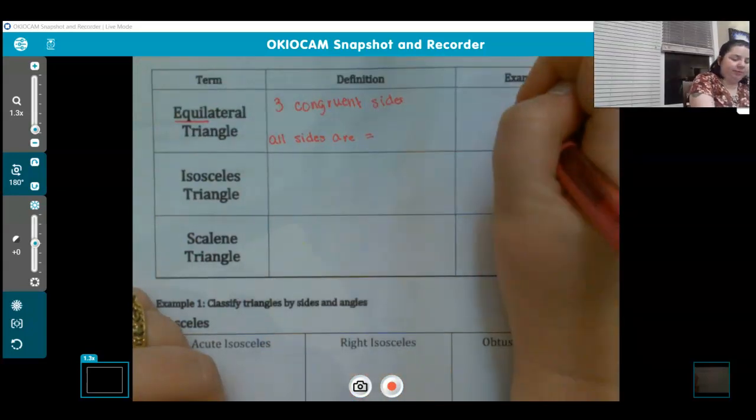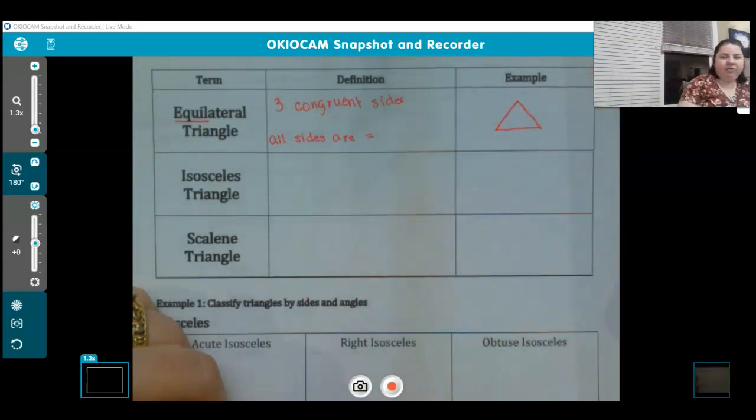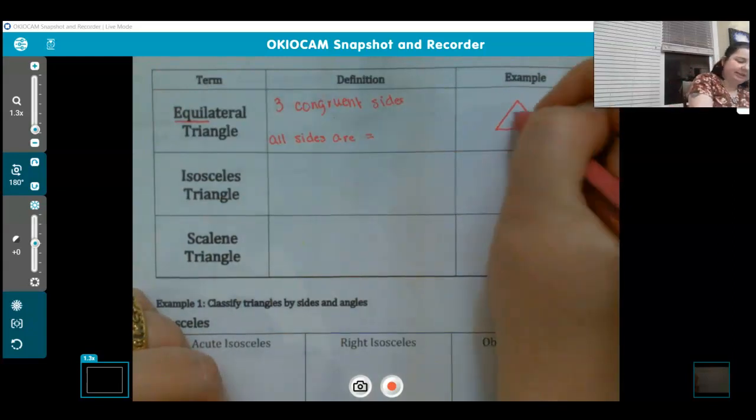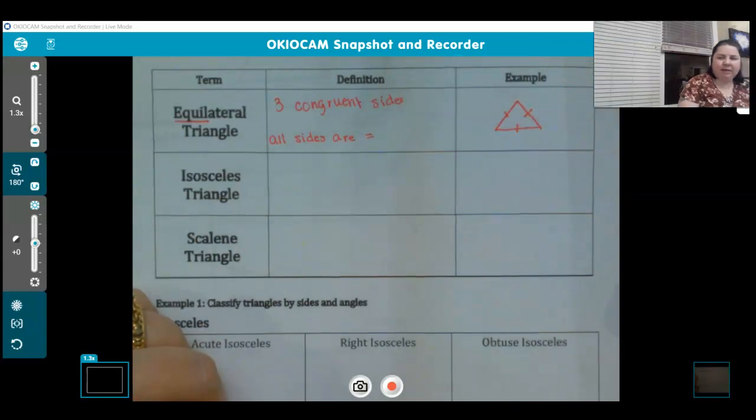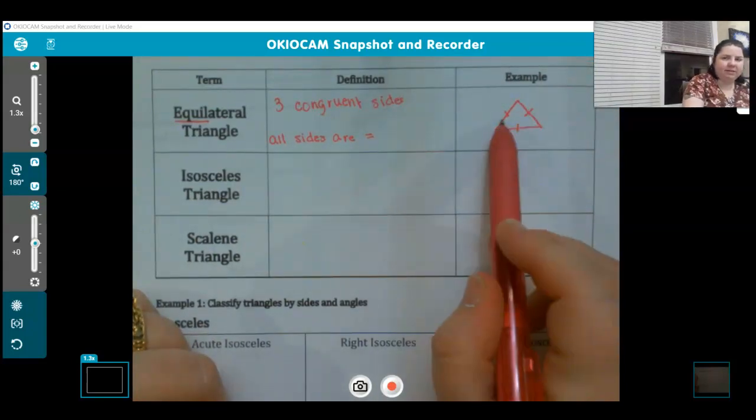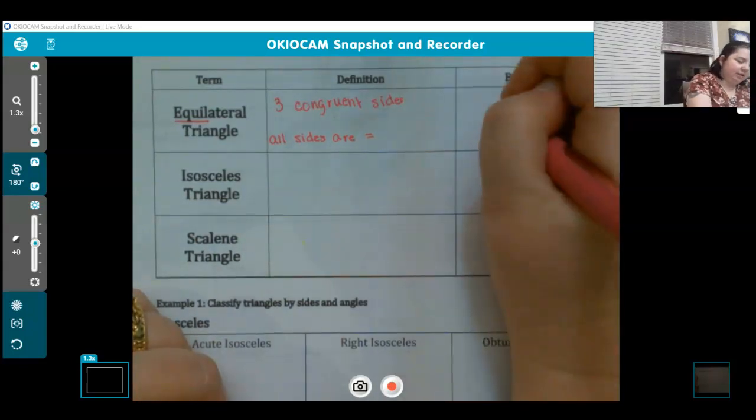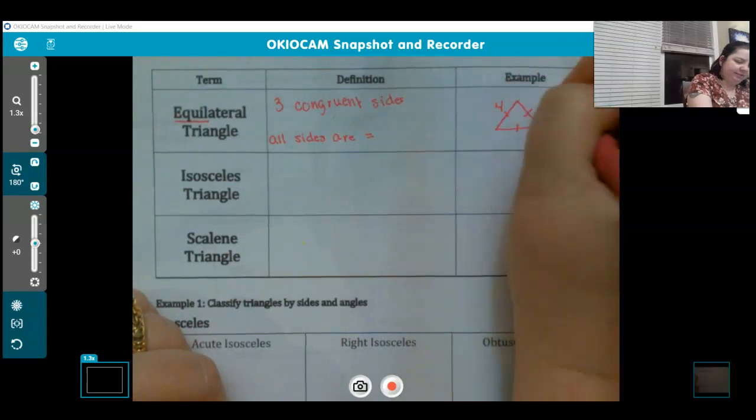So an example, if I draw this triangle, and if we remember from when we did midpoint and bisecting line segments, these tick marks tell me that anything with that tick mark is equal. And I can even put a measurement here.